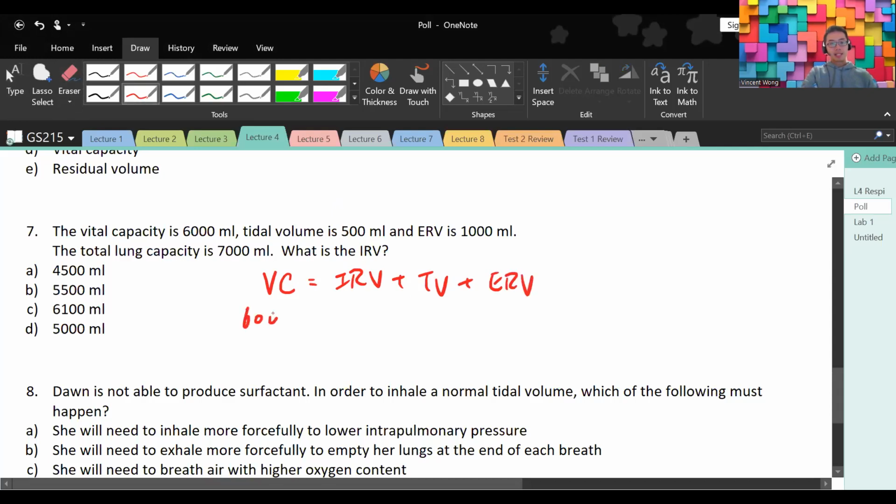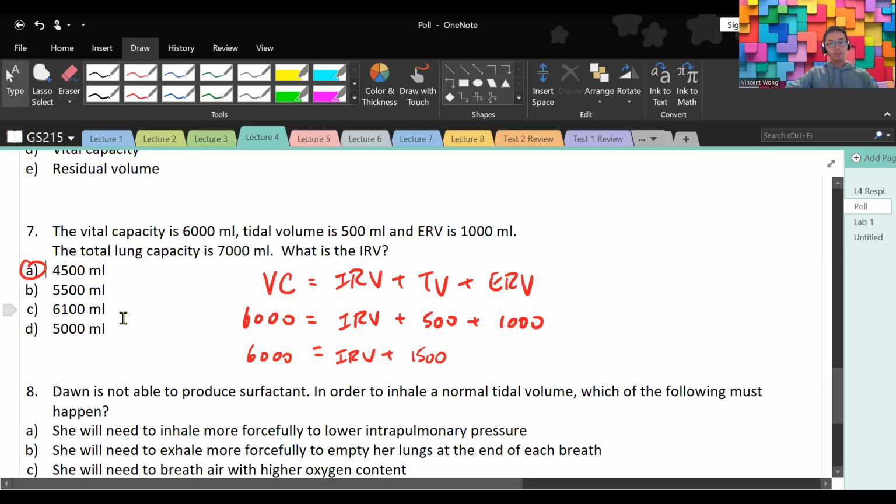So that would be 6,000 equals unknown plus 500 plus 1,000. Total lung capacity is irrelevant in this case. So 6,000 equals IRV plus 1,500. If you move the 1,500 to the other side, it will be 6,000 minus 1,500. So the answer will be 4,500.